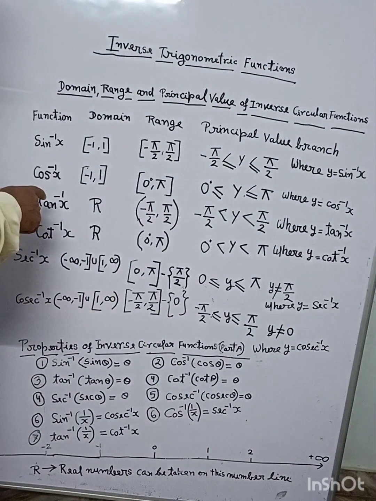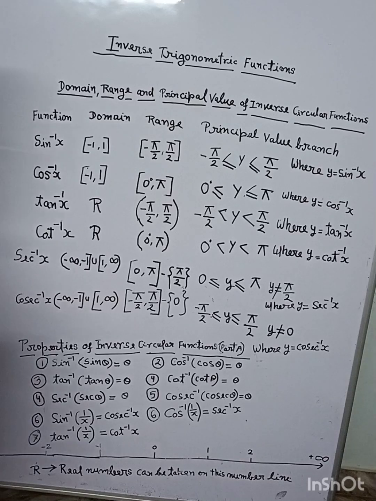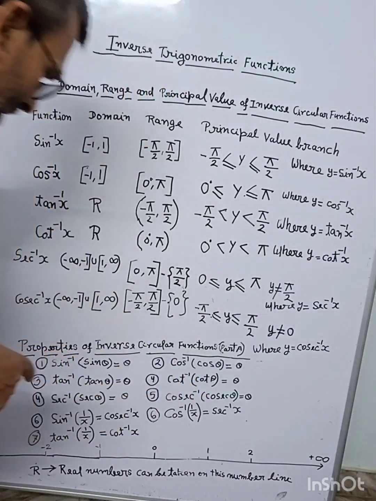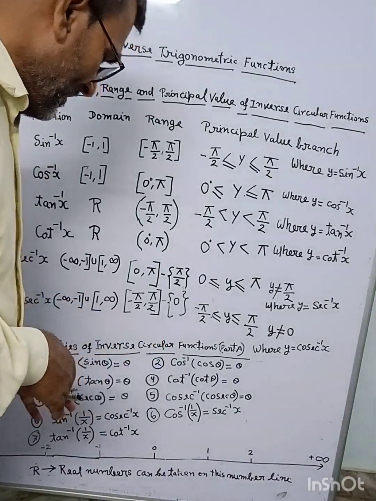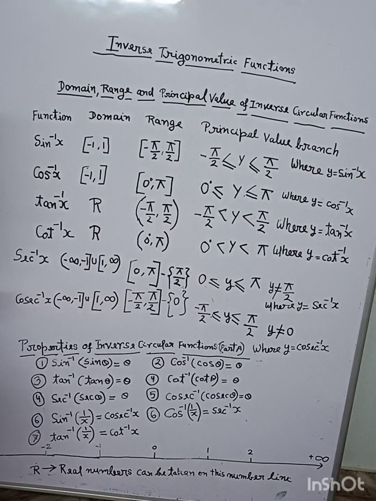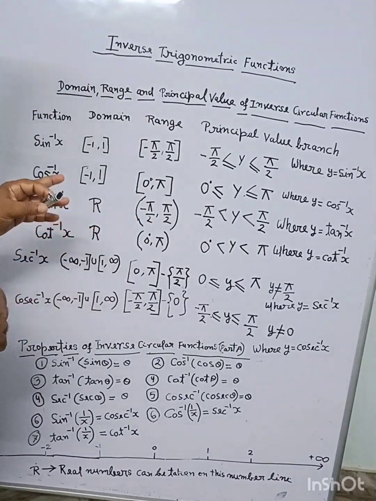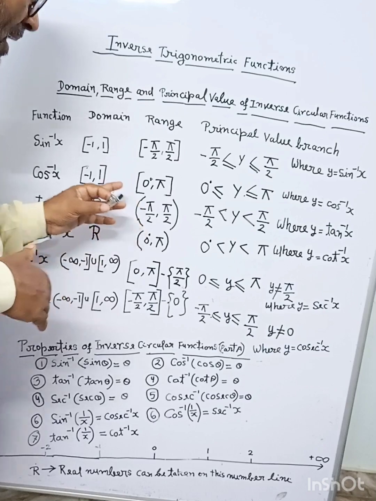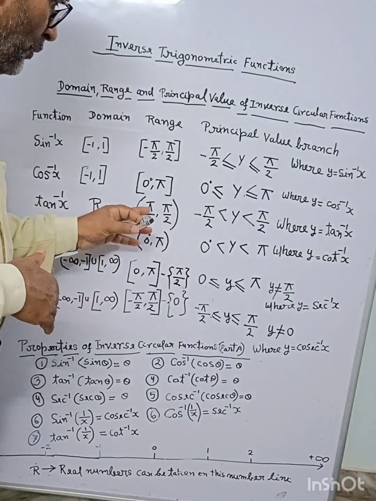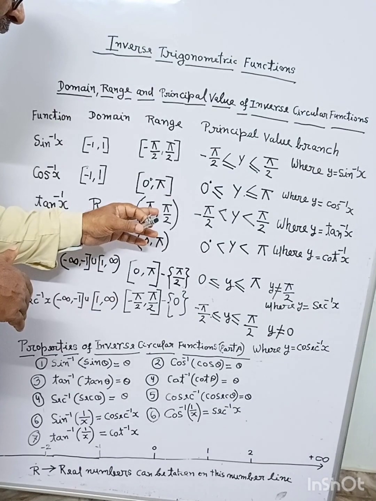If we take tan inverse x, all the real values on the number line, from minus infinity to infinity, can be taken, that is indicated by R. It is the value of different tan angles from minus pi by 2 to pi by 2, in which minus pi by 2 and pi by 2 are not included.